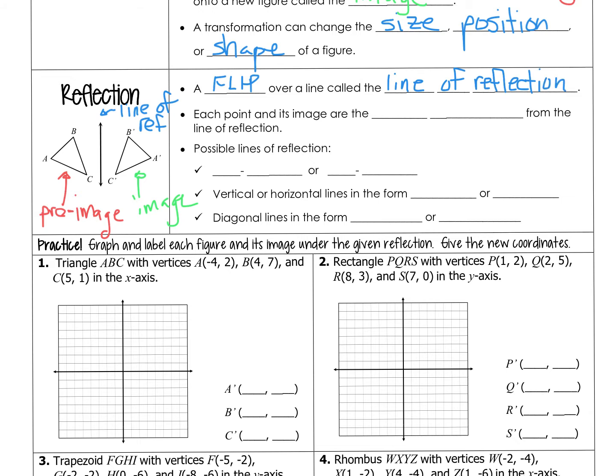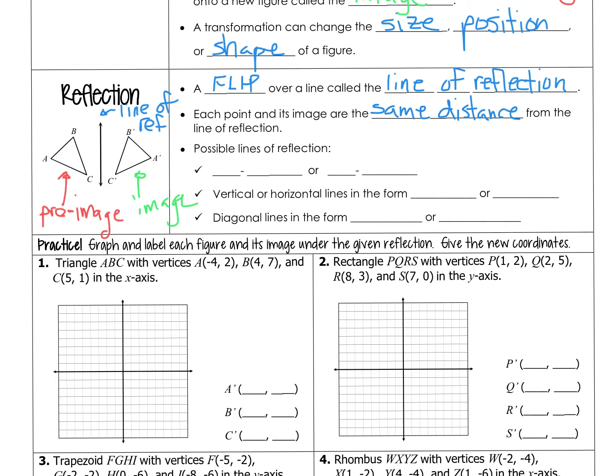And each point and its image are the same distance from the line of reflection.